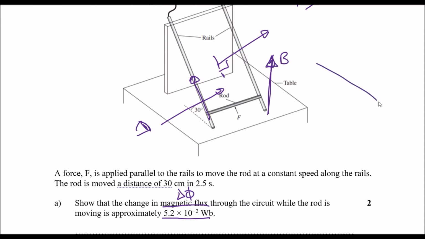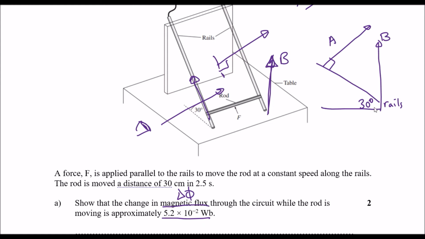You have your rails, so that's your rails. You have the magnetic field pointing up in this direction. You have the area vector that is perpendicular to the face of the area, and you have an angle of 30 here.